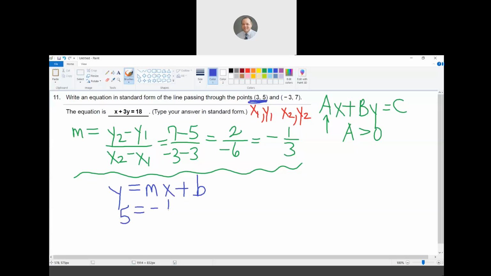Our slope, or m, is negative 1/3. Our x that we're using is positive 3. The only thing we don't know that we need to find is the y-intercept, or letter b. Right here, the 3's cancel, and we're left with 5 equal to negative 1 plus b.